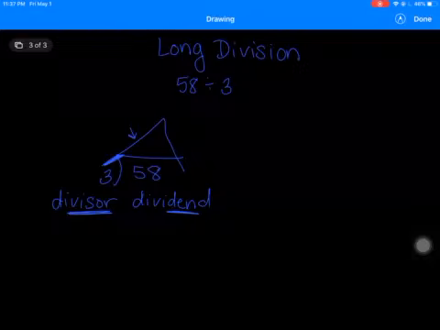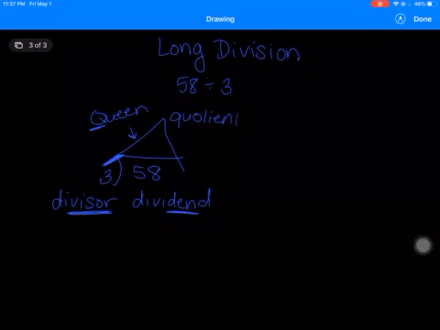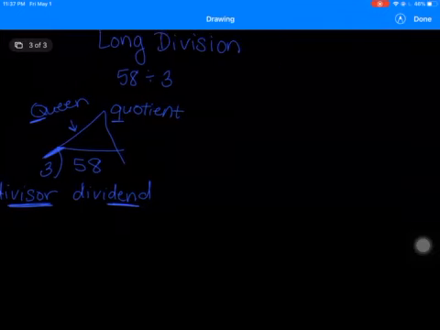It's important. And somebody who's at the very top would be the queen. And we remember this one because Q for queen matches with Q for quotient, which is the term for the answer to a division problem. And we haven't solved this one yet, so we don't know what it is yet. Okay, so that's how I remember the placement.